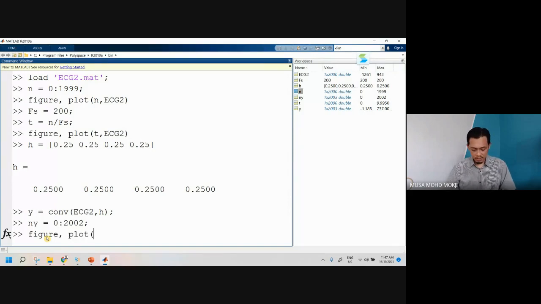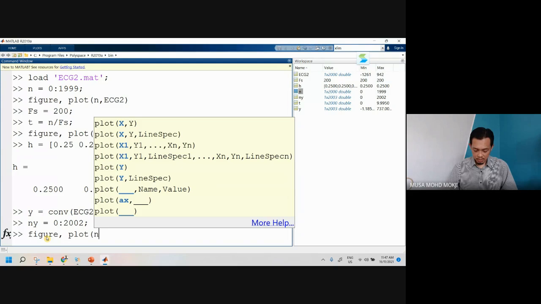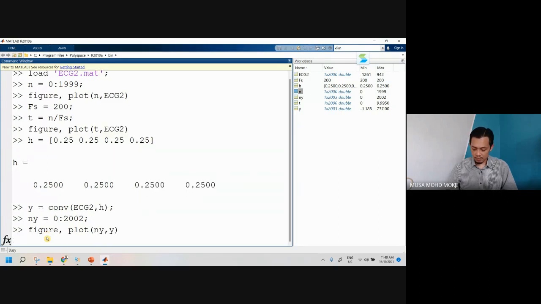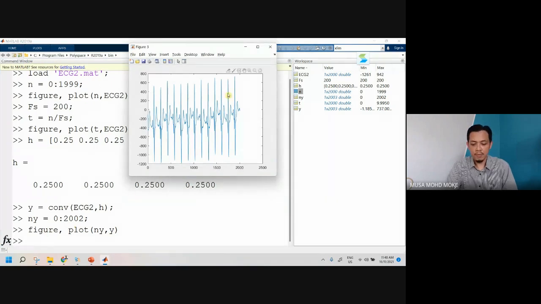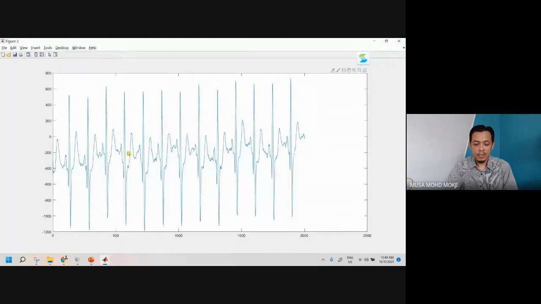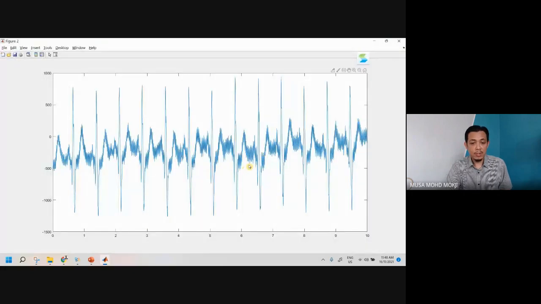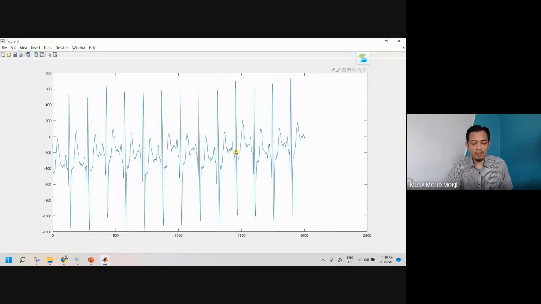Let's see what is the output. I'm going to use ny and then Y. So this has been filtered. Compared to the input, which is quite noisy, this looks clean. Is this good? We haven't gotten into that yet, so we will do the analysis later. But this is the result of filtering.